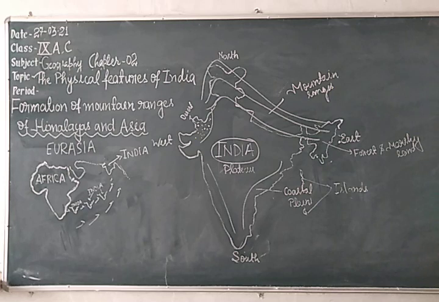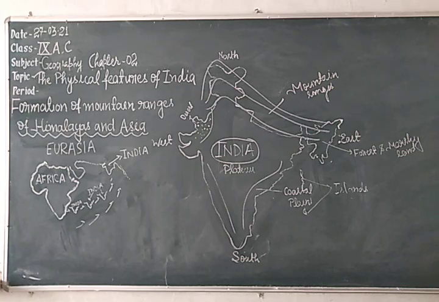In this way, the Tethys Sea started to fold, and the water of the Tethys Sea disappeared somewhere, and due to the accumulation and shrinking, the Tethys Sea sediments were folded and responsible for the formation of the mountain ranges of Western Asia and the Himalayas.